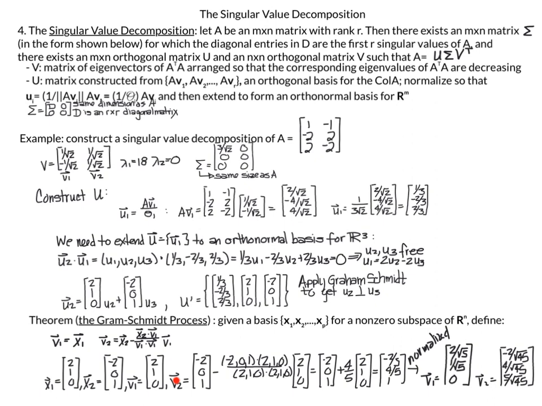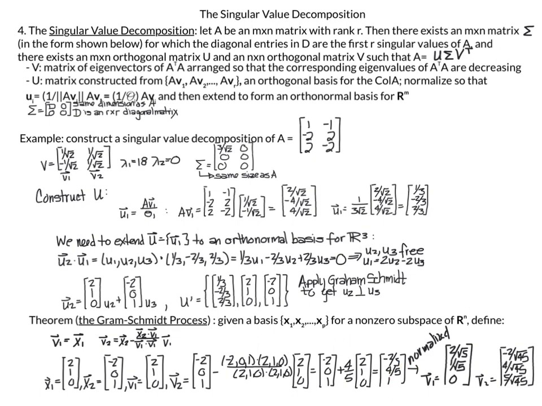My v2 is equal to my x2, which is (-2, 0, 1), minus x2 dot v1, which is (-2, 0, 1) dot (2, 1, 0), over v1 dot v1, which is (2, 1, 0) dot (2, 1, 0), times v1, which is (2, 1, 0). So that's (-2, 0, 1) plus, because of this negative, 4/5 times (2, 1, 0), which is equal to (-2/5, 4/5, 1).